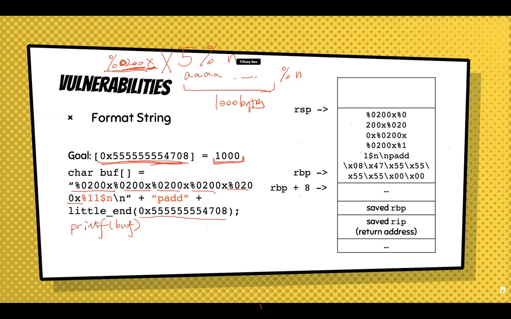Followed by %n, I know that I need to put the address. So I put the address right after this. I just put some address. Okay, I'll put 5555 for an easy representation.